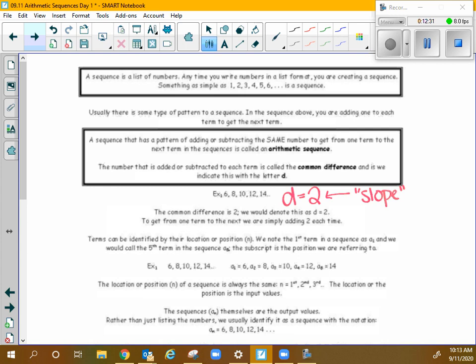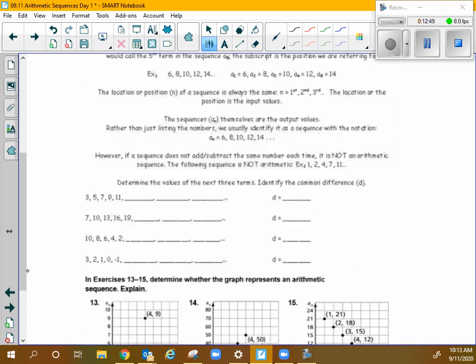So this serves as our slope because in every sequence, the terms are only increasing by 1. So you don't really have to spend time looking at the change in y over the change in x because the change in x every single time is 1.